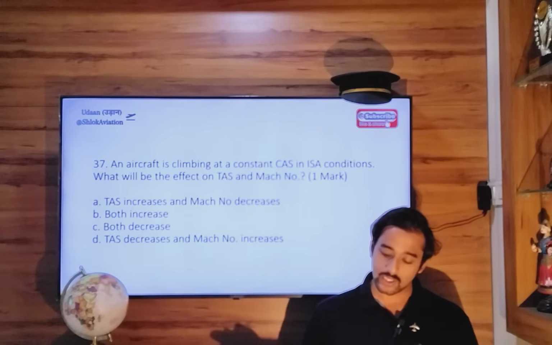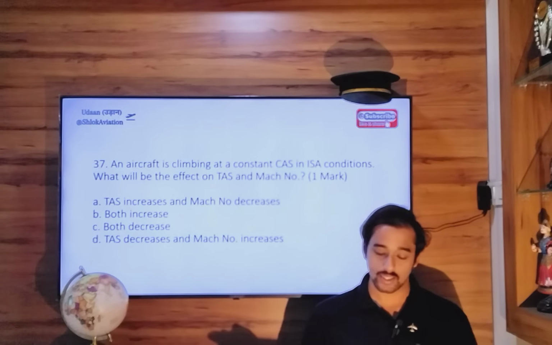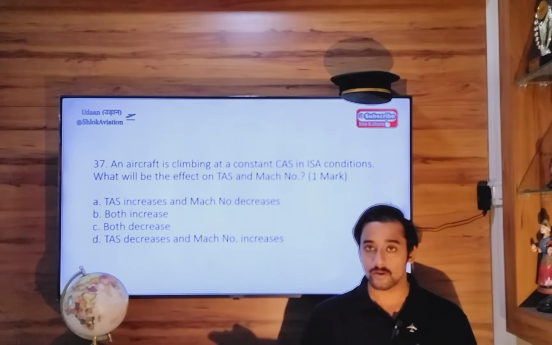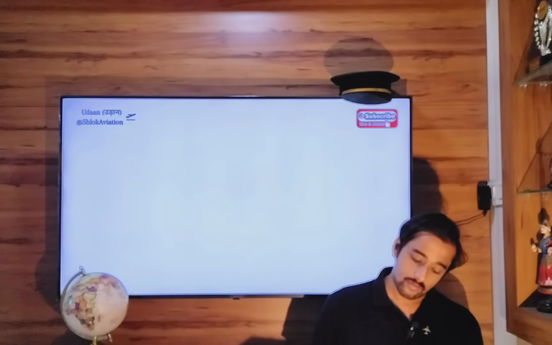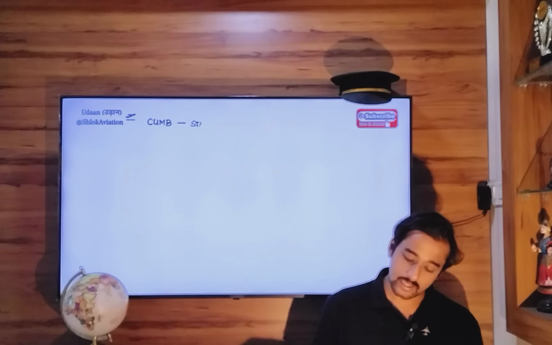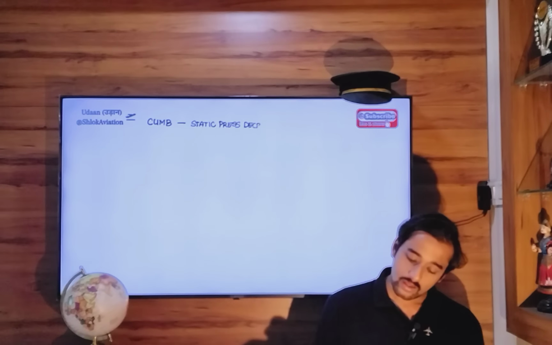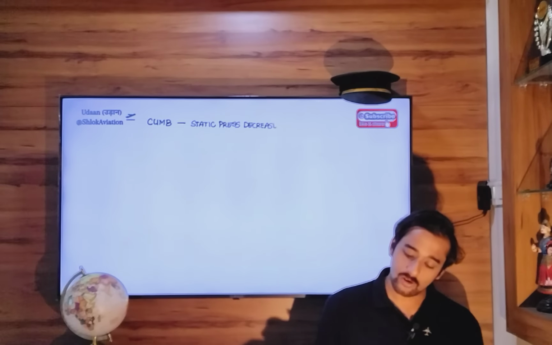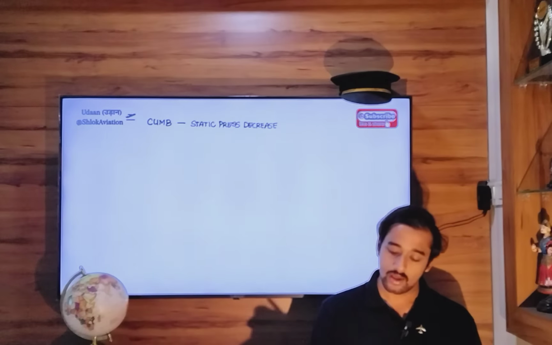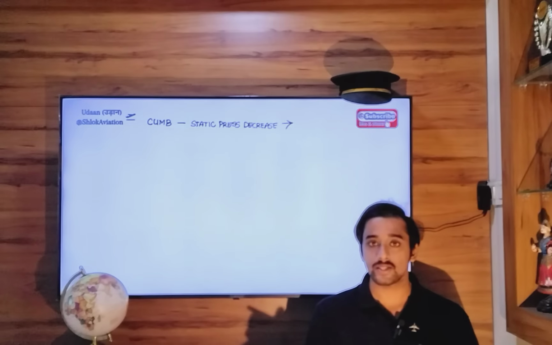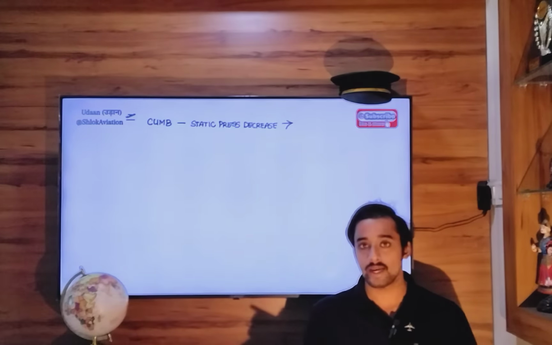Question 37. An aircraft is climbing at a constant speed in ISA conditions. What will be the effect on true airspeed and Mach number? So when you climb to higher altitudes, static pressure decreases, atmospheric pressure decreases. Indicated airspeed is a function of dynamic pressure, right? So if atmospheric pressure decreases, dynamic pressure will also correspondingly decrease.